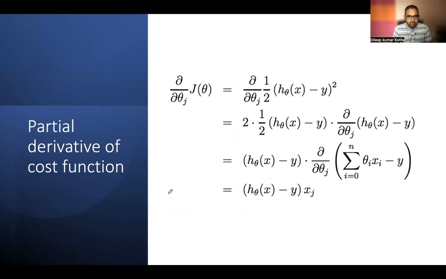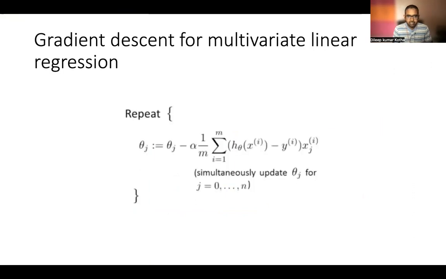Okay, this slide I'll come back later. So repeat until convergence, theta j, where j corresponds to the jth feature. The parameter is subtracted by alpha times its gradient. And if we calculate the partial derivative of the cost function, we get an equation like this, which is multiplied by xi, where i is our training sample, and it's a subscript with j, where j is the feature variable.